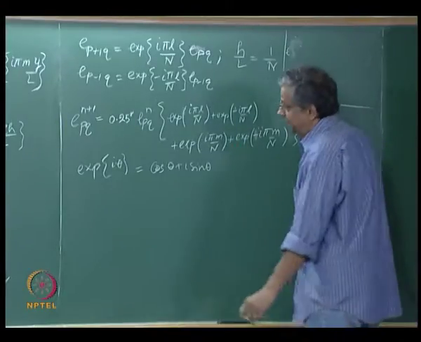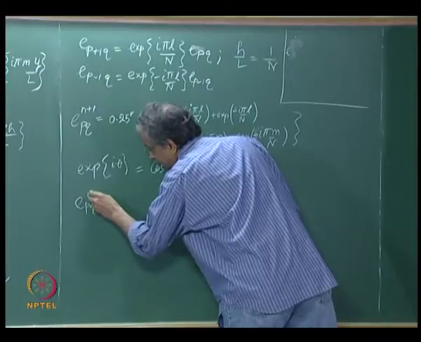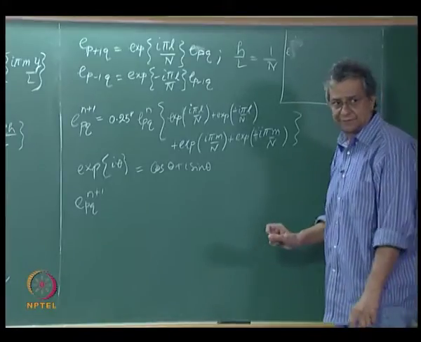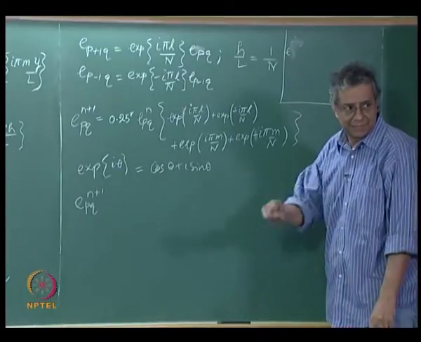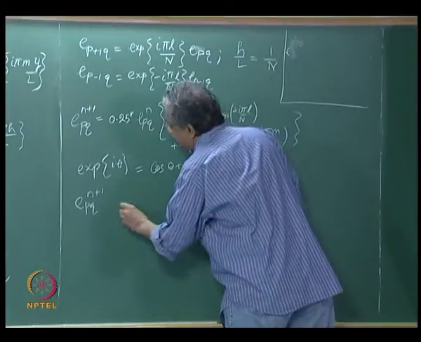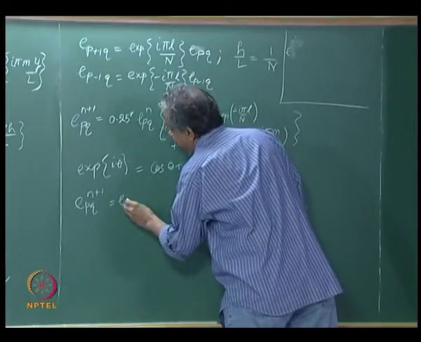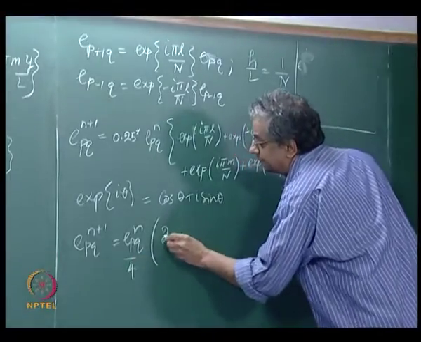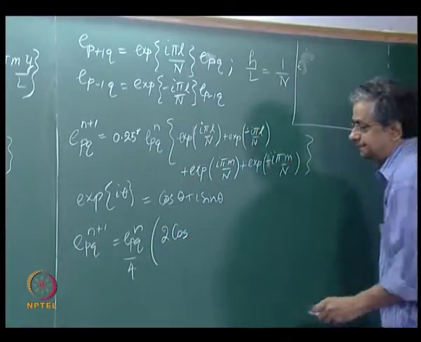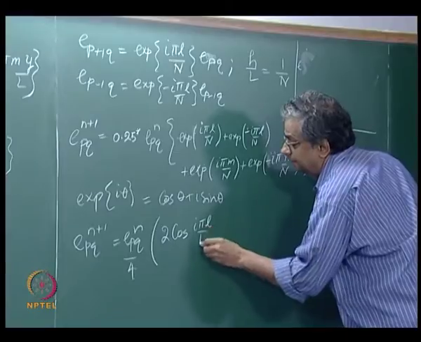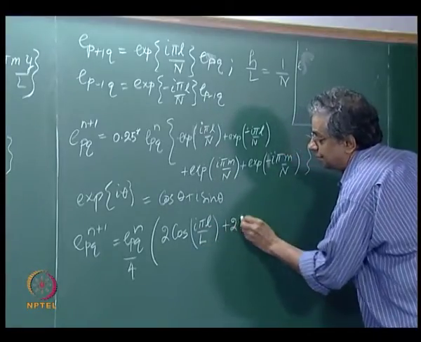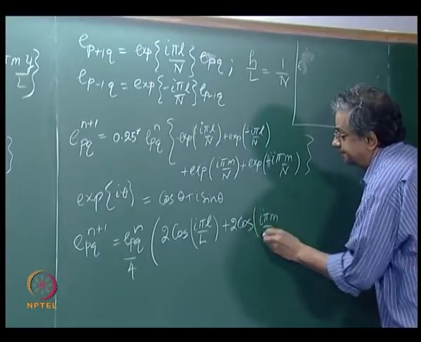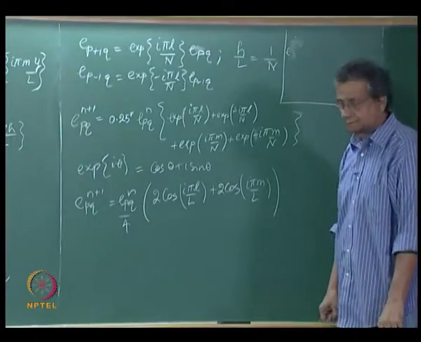Substitute back here and you will get E_{pq} at n plus 1, remember this is for wave numbers L comma m, we are just asking the question what happens to the wave numbers L comma m, okay, equals E_{pq} at n by 4 of course into 2 cos pi L by capital L plus 2 cos pi m by capital L. Pardon me?